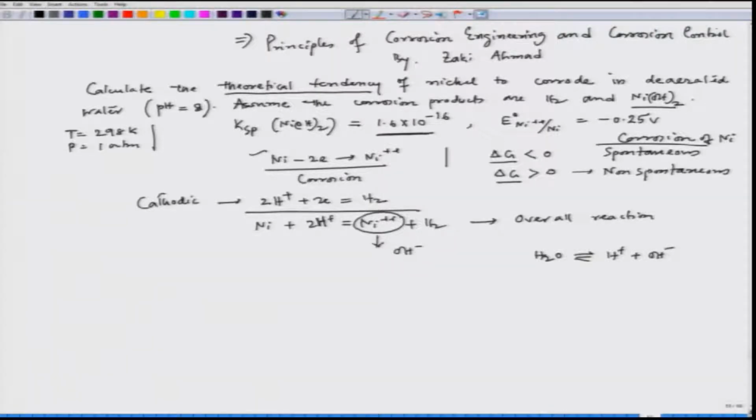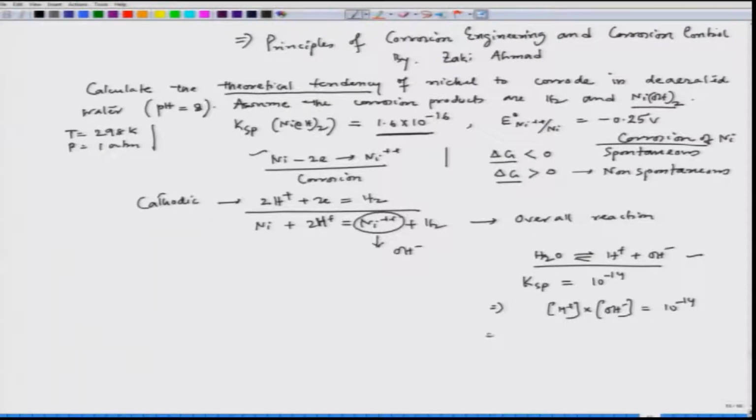So, this reaction we can consider. When we consider this reaction, we also have to take care of the Ksp of water, 10 to the power minus 14. We can write H+ into OH minus equal to 10 to the power minus 14.